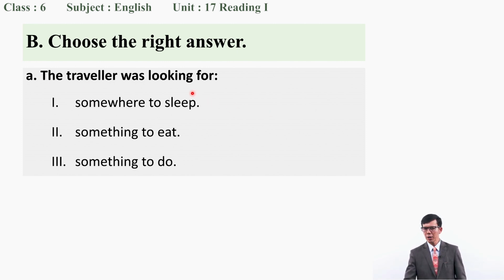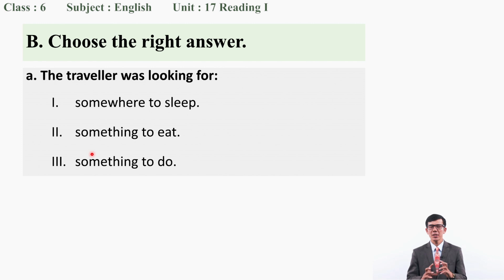So you can easily guess the best alternative to the question. But what I request is, please read quickly and try to make the closer guess to the meaning. I will show you the extract to guess the right meaning. The traveler was looking for somewhere to sleep, or something to eat, or something to do.